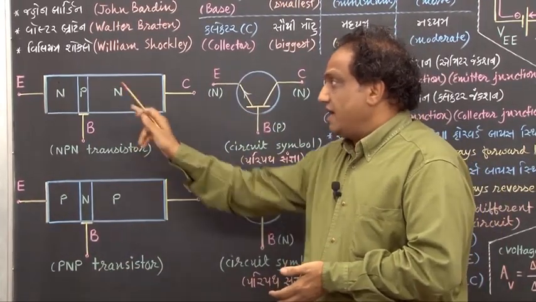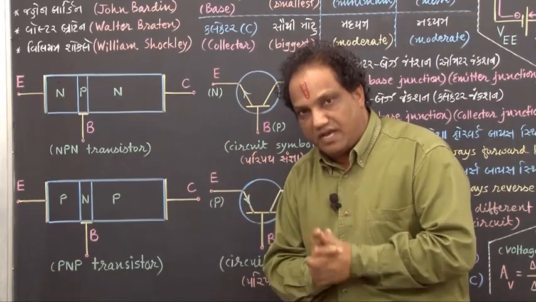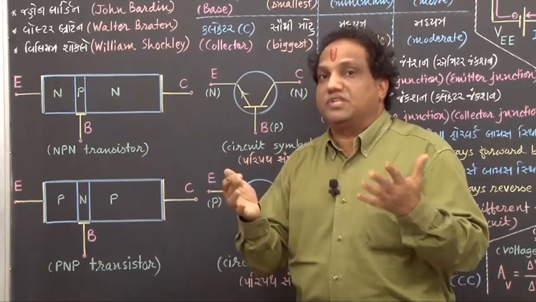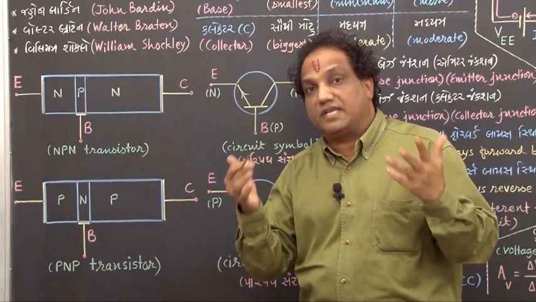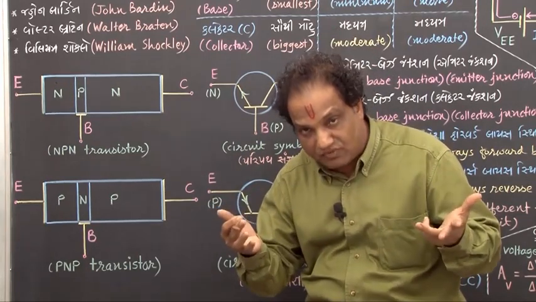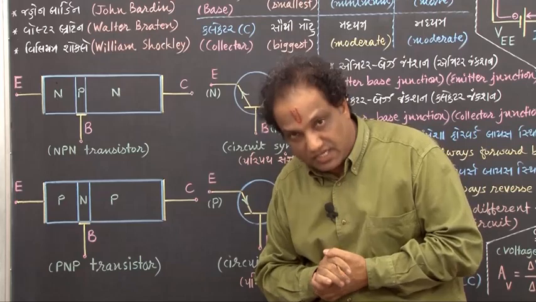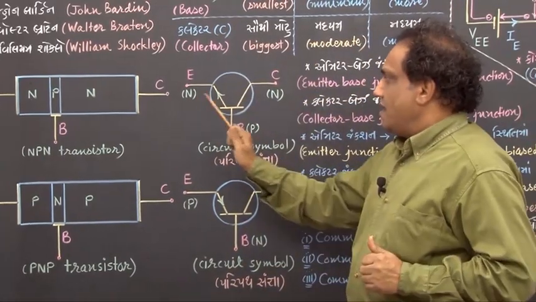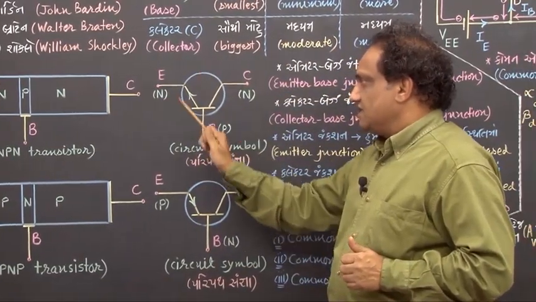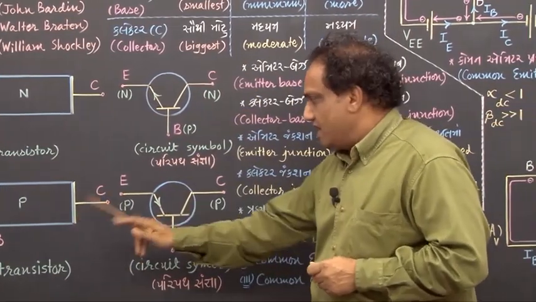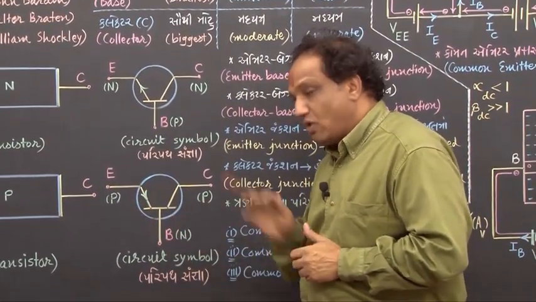Now these are the schematic diagrams which give you an idea about the construction. Now let us see what are the internationally accepted circuit symbols for these two types of transistor. For the NPN transistor, this is the circuit symbol. For the PNP transistor, this is the circuit symbol.